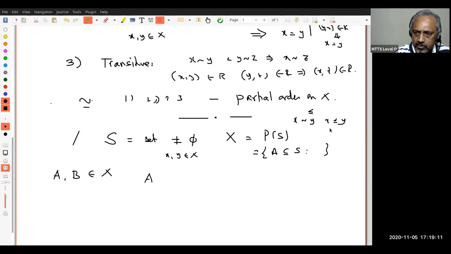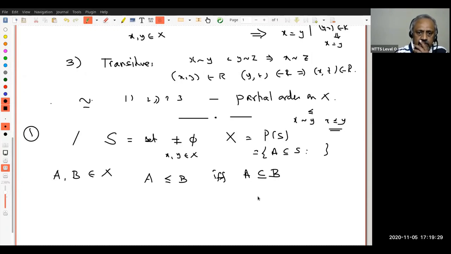You will see why in a minute. So this is the first example. If A and B are there, then I say A is less than or equal to B, and I am defining a partial order, if and only if A is a subset of B.